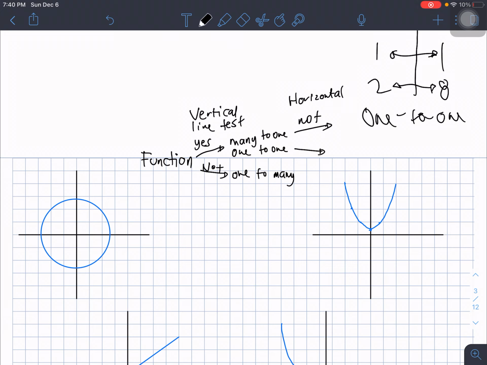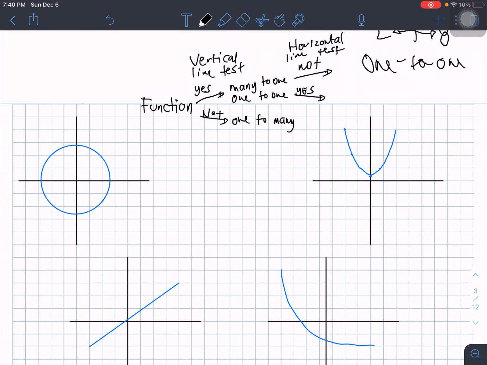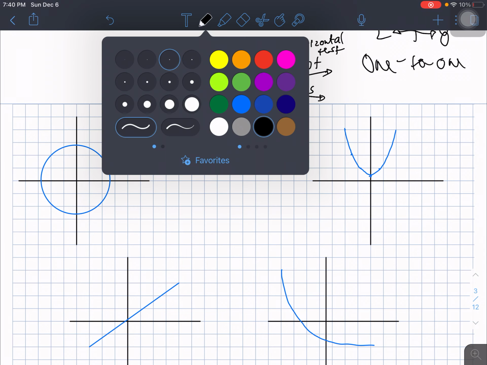Similar to the vertical line test, if a horizontal line passes through only one point of the graph, then it is a one-to-one correspondence. So this will be our test in order to identify if it is a one-to-one correspondence. Okay, so let us try.